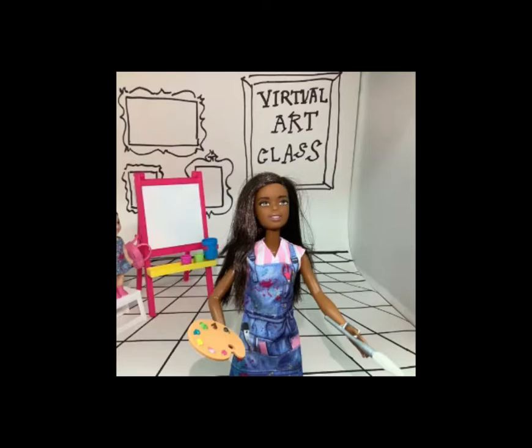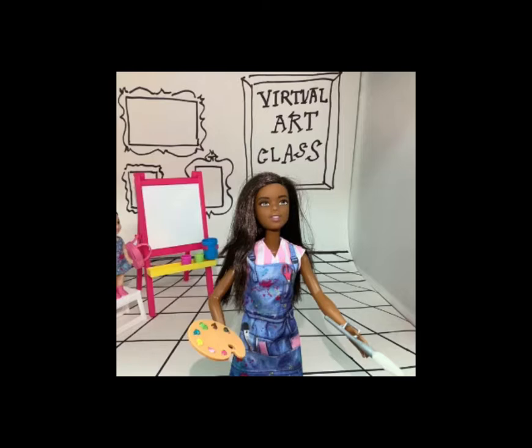Hello, class. Now, there are many ways to draw, so today we're just going to look at one way of drawing. This way was invented by an artist and author named Mona Brookes. She created a system of drawing and opened many schools across the country where both children and adults alike learned how to draw.